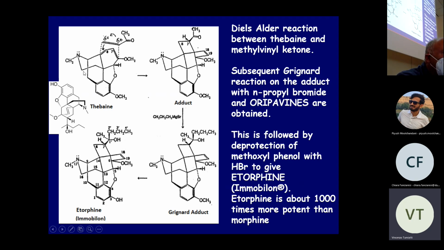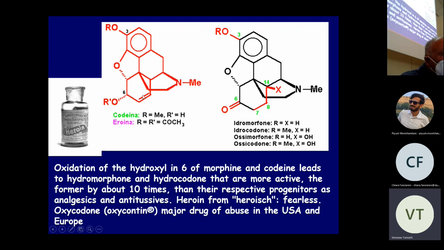You see here the chemical structure of thebaine. Thebaine has the same chemical structure of morphine, but on the C ring you see 2 double bonds, not 1 but 2. If you see in the morphine, there is only 1.